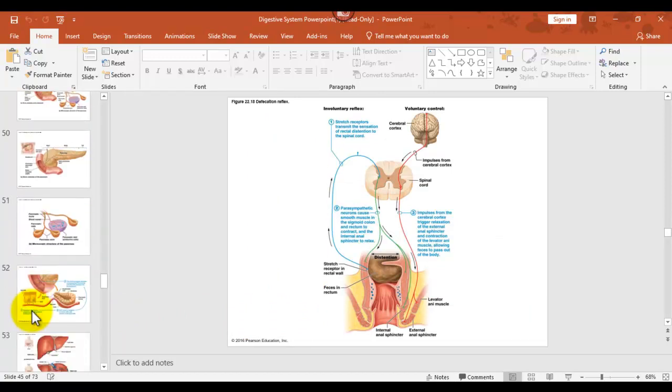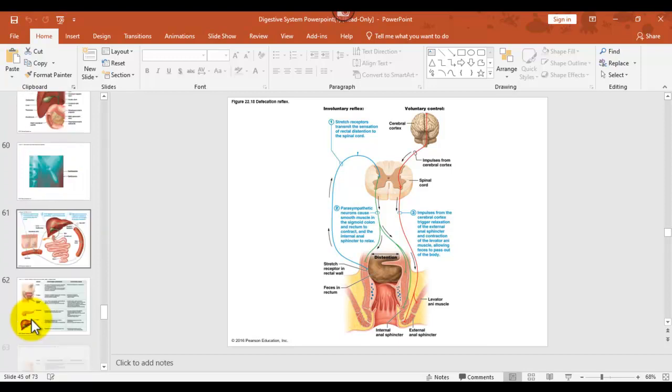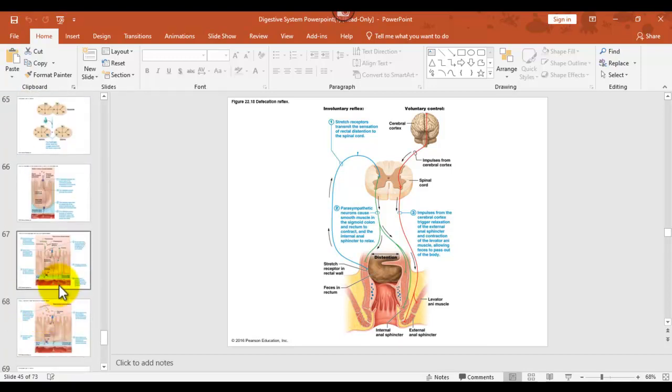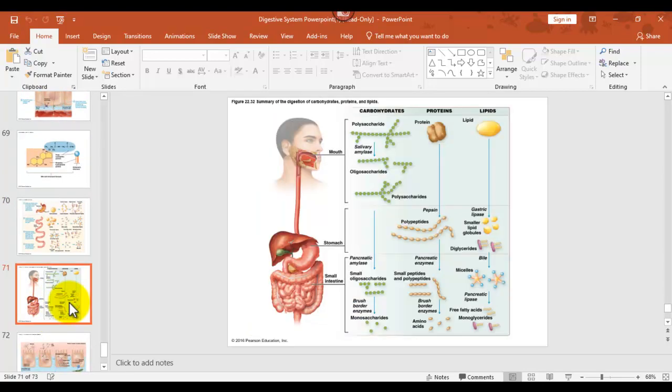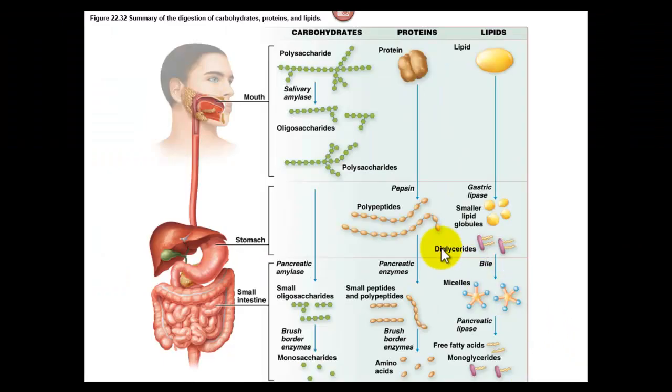Okay, now to end the whole thing, nice little summary. In fact, there is a chart that has them all. I believe, so it has lipids. At least these are the big ones. But so here's carbohydrates. See polysaccharide.